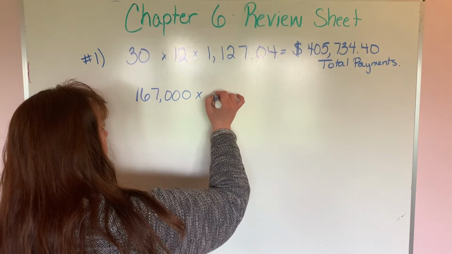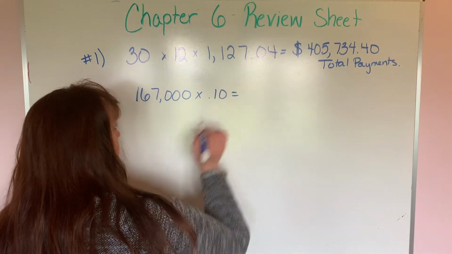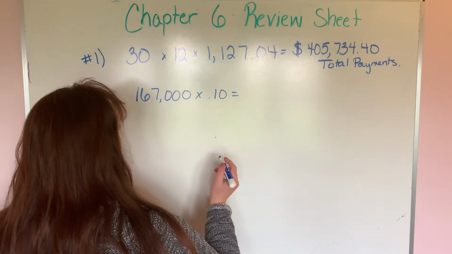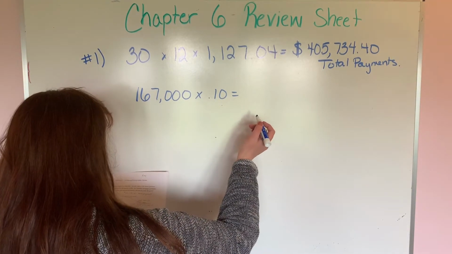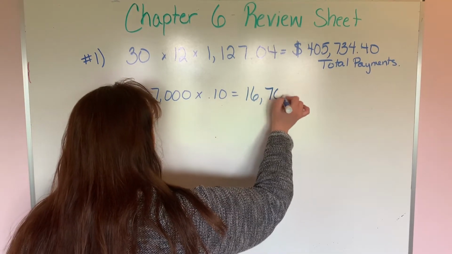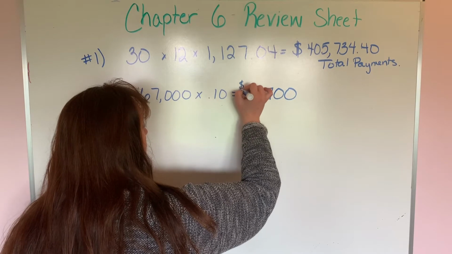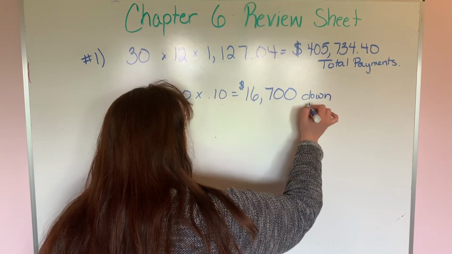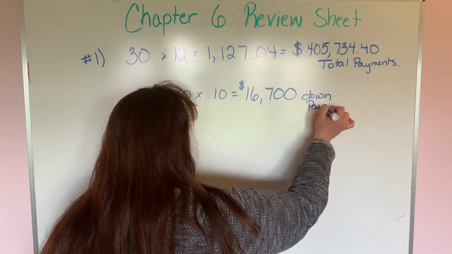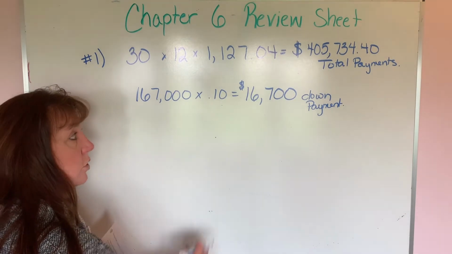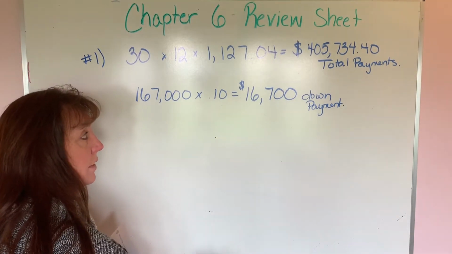So times 0.10. 10%, we move it over 2 places, gives us 0.10, which is $16,700. That was her down payment. So out of the $167,000, she paid down $16,700.